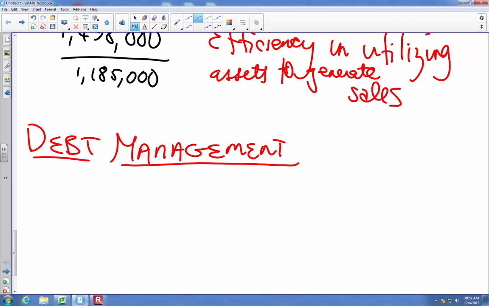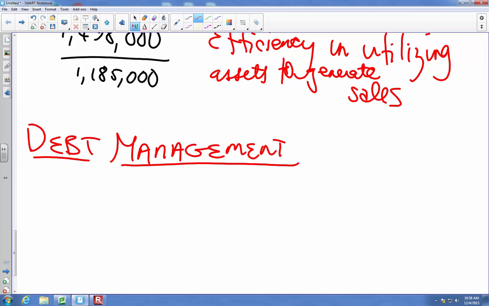I want to know what current debts are coming due, and what assets I have to cover that, right? So that was all the short-term stuff. This set of ratios is all the long-term stuff. How am I doing with managing my day-to-day bills is the short-term stuff. How am I doing with my mortgages and my long-term notes and my bonds is what we're looking at here.